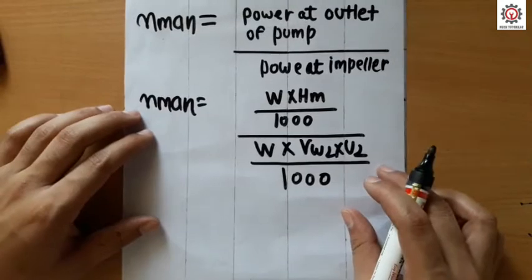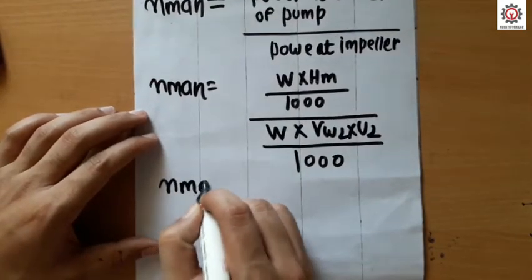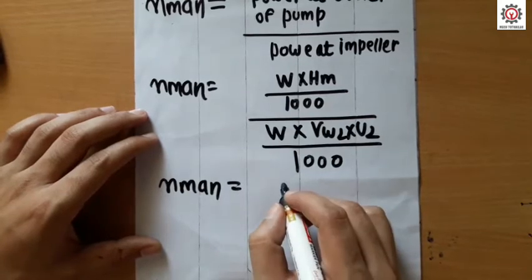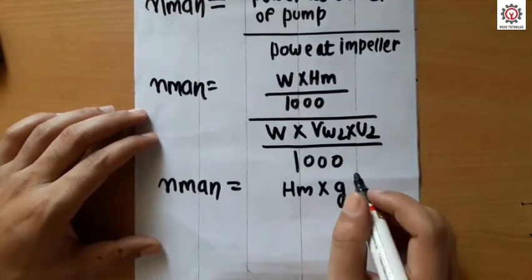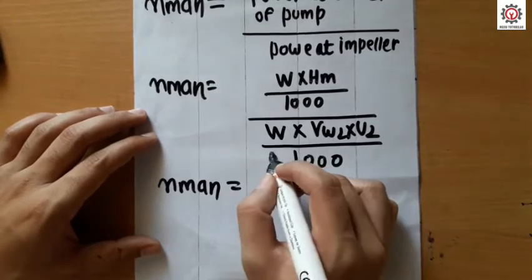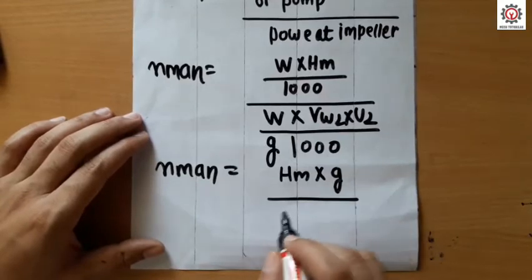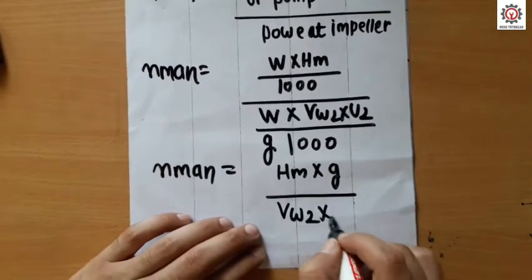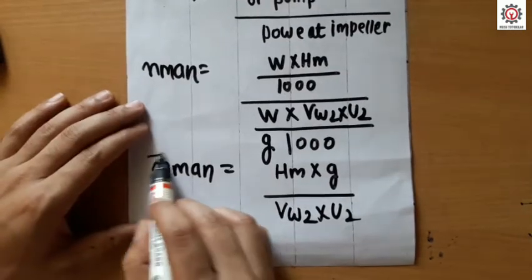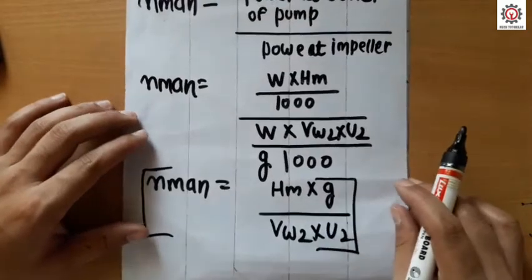This is also in kilowatt. By simplifying, we will get Hm into g divided by Vw2 into U2. So this is the formula of manometric efficiency.